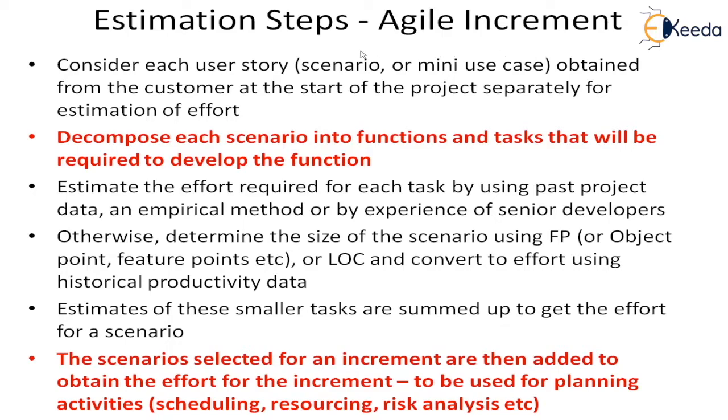Because in an agile increment we always keep the high level technical work and the management work to the minimum. We try to give more detailed attention to the low level design and the construction, so that there will be more quality in whatever we are delivering.